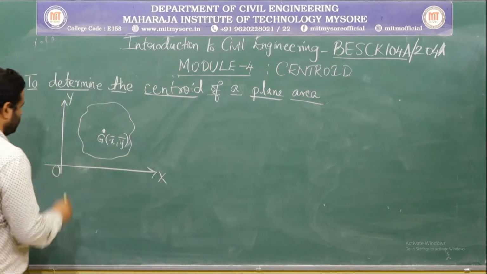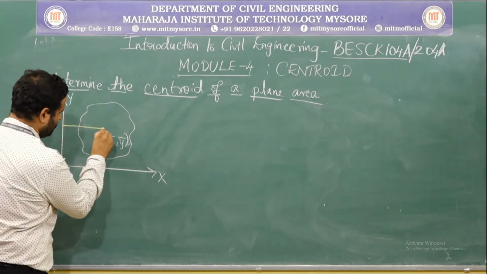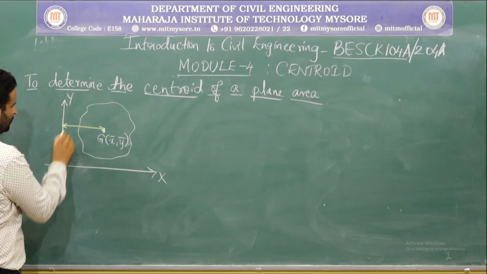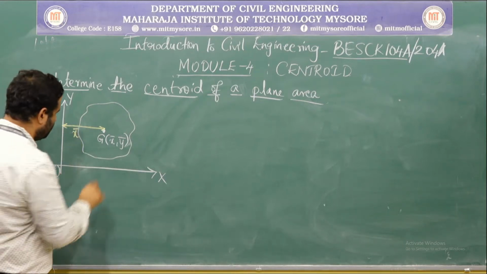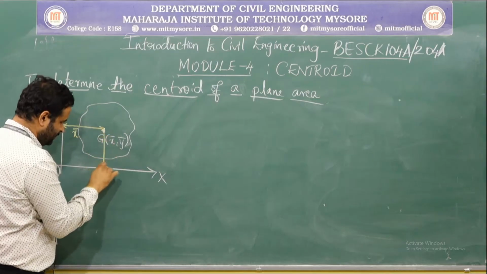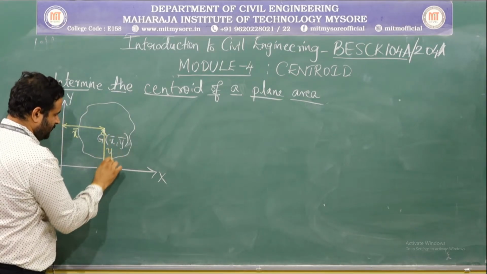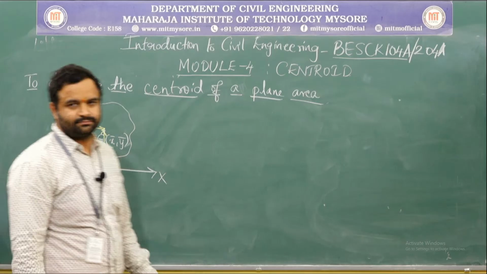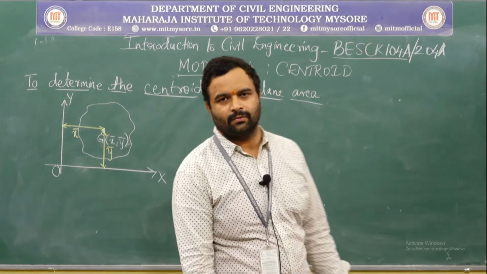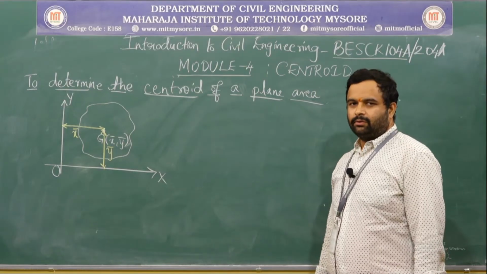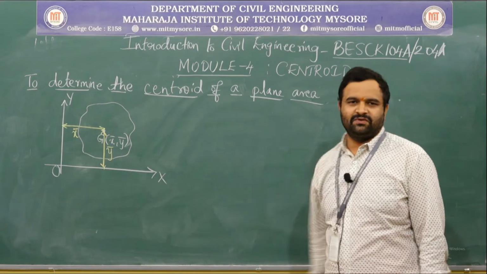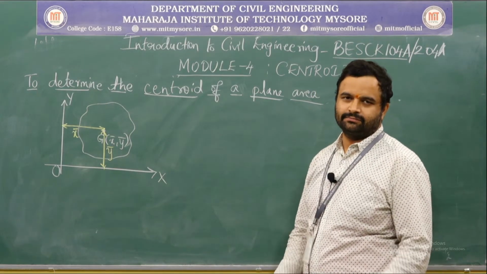Let me plot it in the figure. This will be the x bar component and this will be its y bar component. Now, how do you determine the centroid of this particular area?